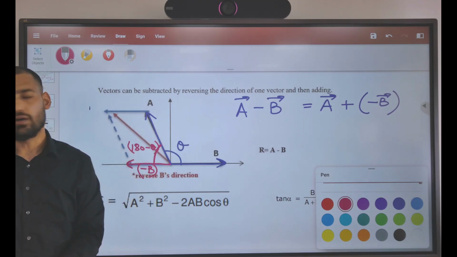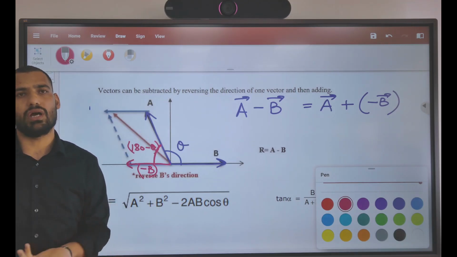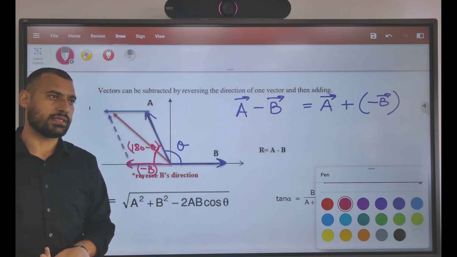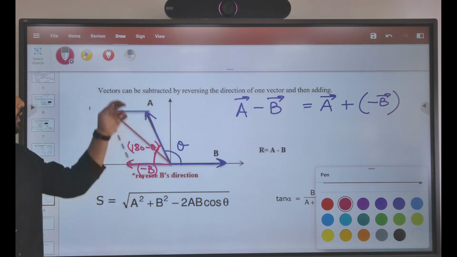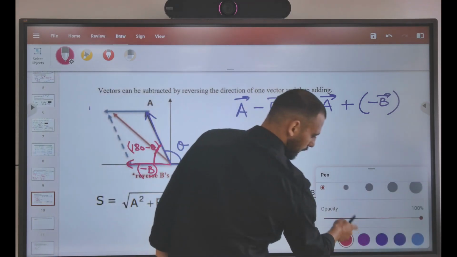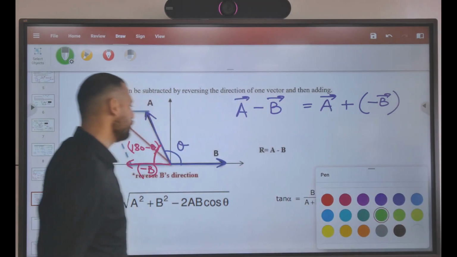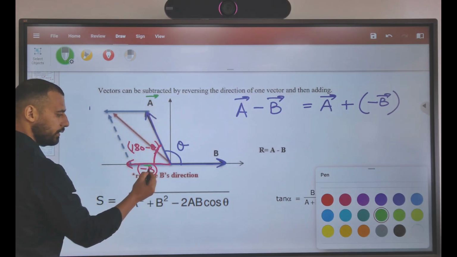Obviously, when you have to find the resultant, you have to use the parallelogram law, or the triangle law. Now here in this case, it is better to draw the parallelogram. As per the parallelogram law, if you try to form a parallelogram with the help of A and negative B, what will be the parallelogram?